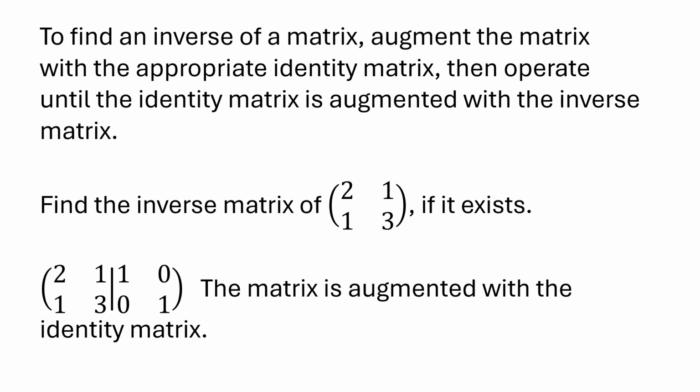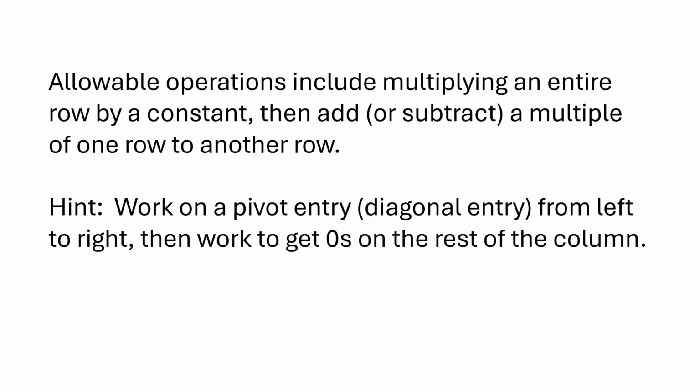If it doesn't happen, there will be no inverse matrix. Not every matrix has one, even every square matrix. So your allowable operations include multiplying an entire row by a constant, and then adding or subtracting a multiple of one row to another row.